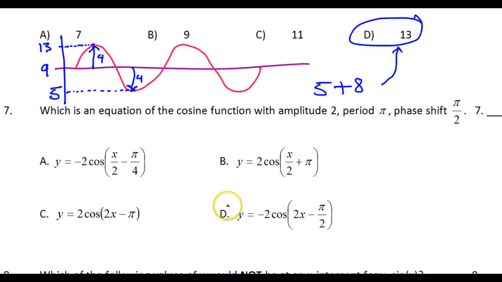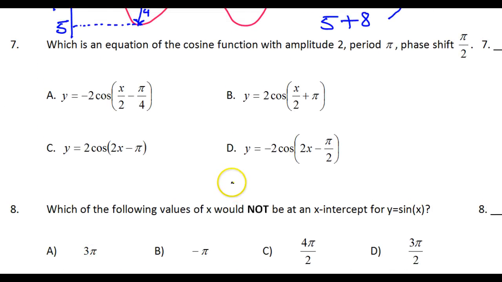All right, at any rate, number 7, which is an equation of the cosine function with an amplitude 2. Okay, they all have amplitude 2, so that's not helping me. Period of pi, let's deal with that.